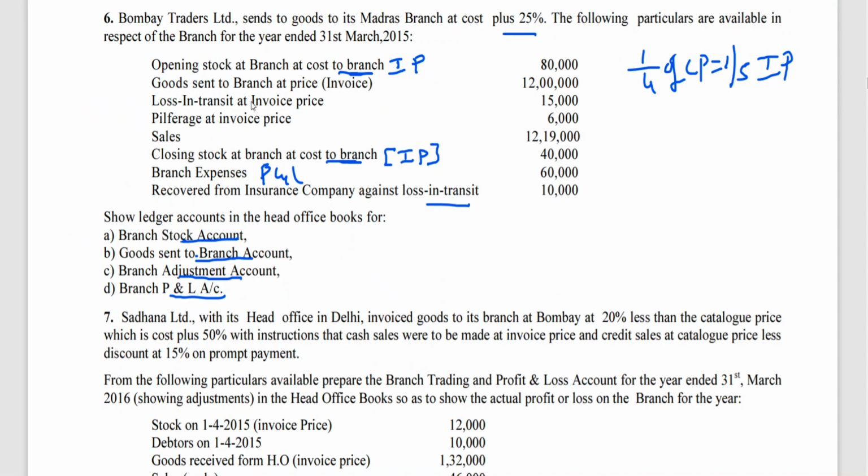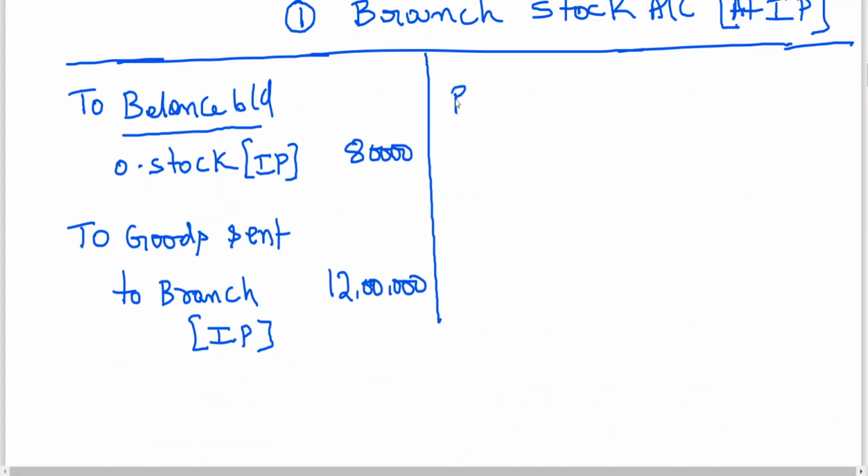Loss in transit at invoice price will be taken to the credit side. If you want, you can split the difference between cost price and invoice price, or simply write invoice price, and the difference, the loading effect, we can take directly there.